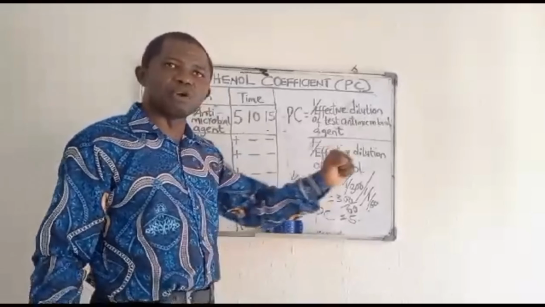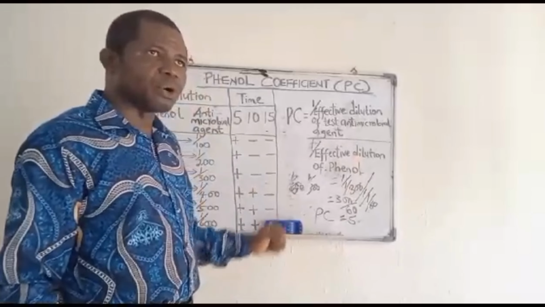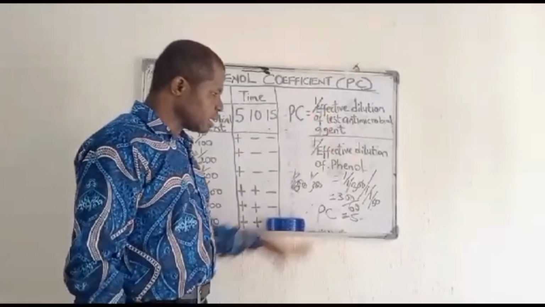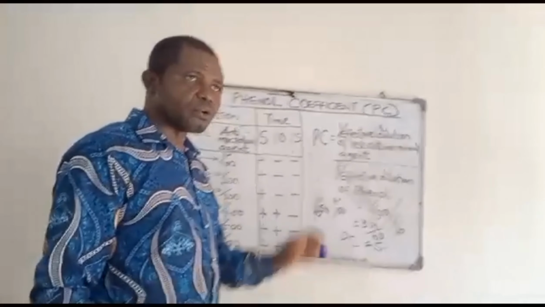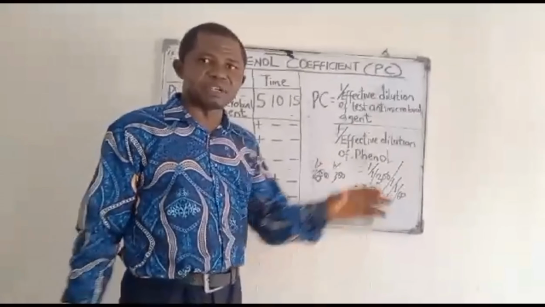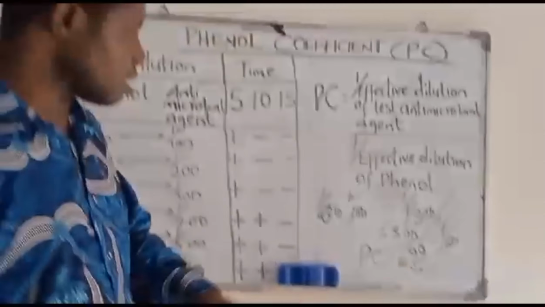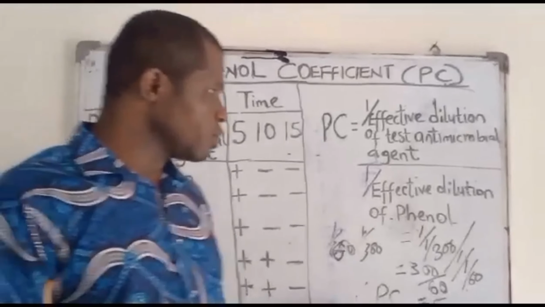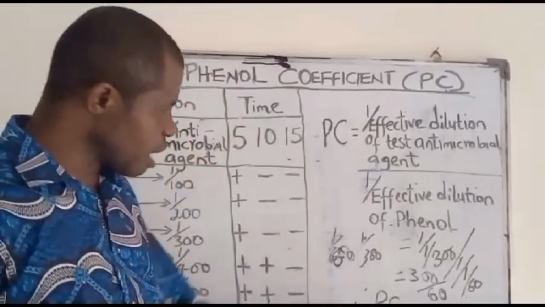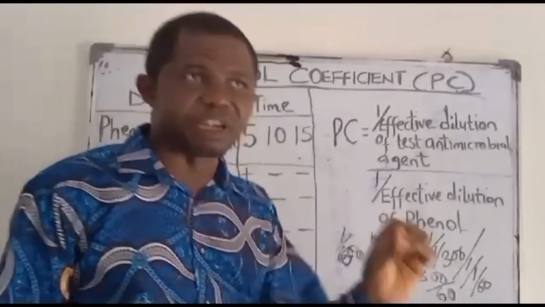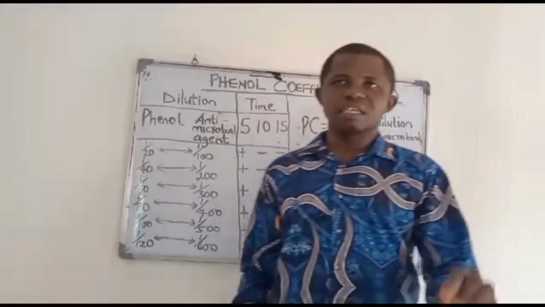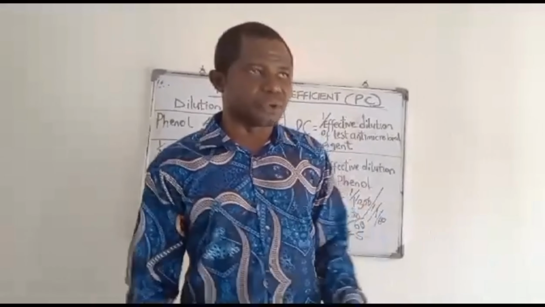That is, it is 5 times more potent than phenol under the study condition. Anytime the PC value is higher than 1, it shows that it is stronger. If you have a value of 3, it shows that the test antimicrobial is 3 times stronger than phenol.